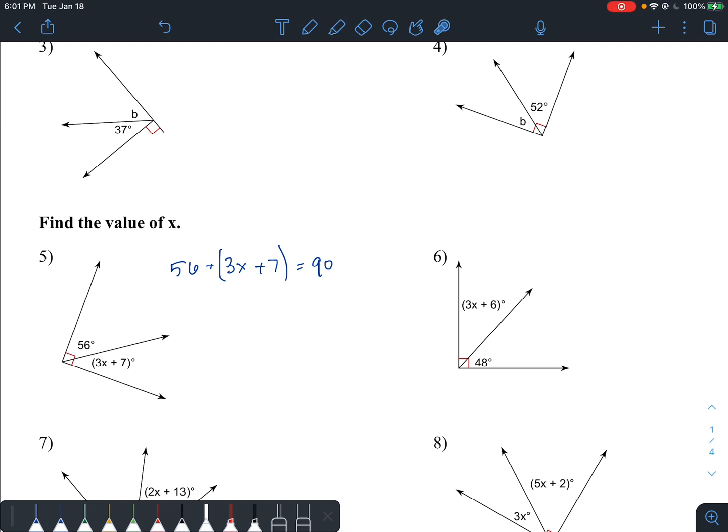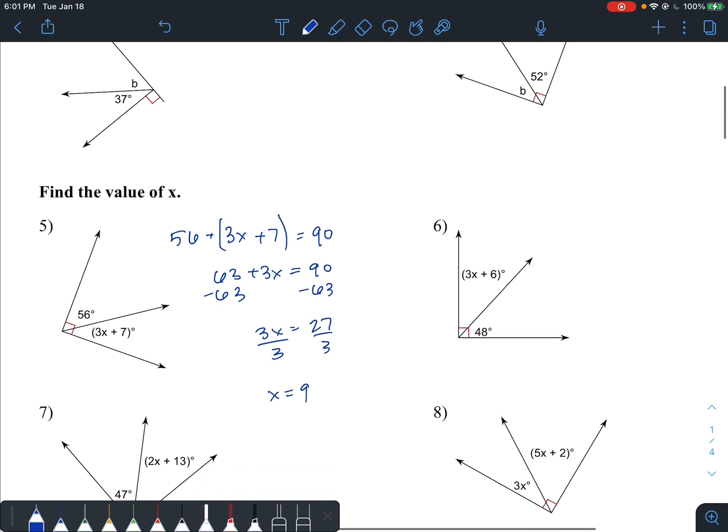So if I add those together, I end up with 63 plus 3x is equal to 90. Well, I'll subtract 63 from both sides, and I get 3x is equal to 27. And then I divide by 3, I get x is equal to 9.